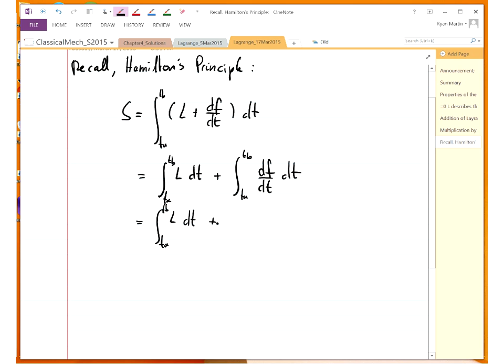But the second term integrates, and that was the point. That's why it's a total time derivative, because to do the integral of a total time derivative, you just get the function. And so that's going to be the function evaluated at TA minus the function evaluated at TB.